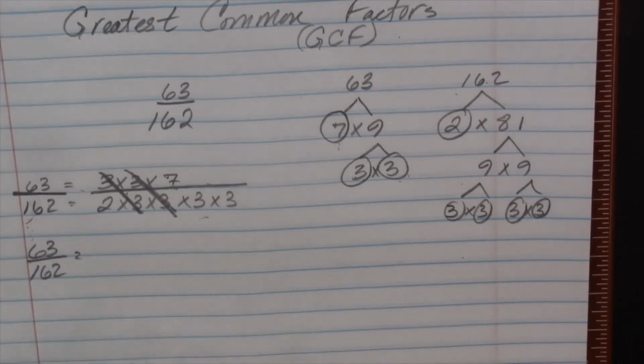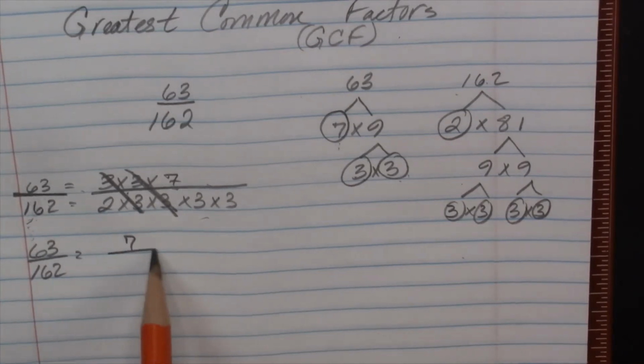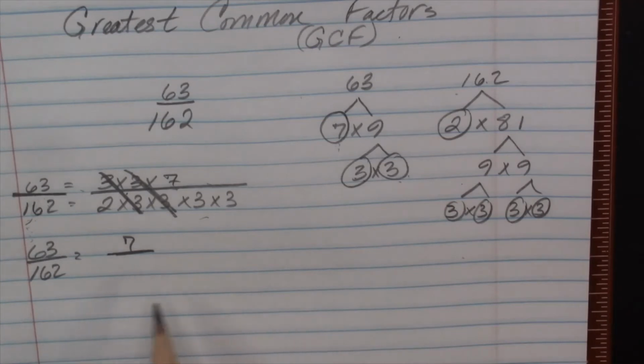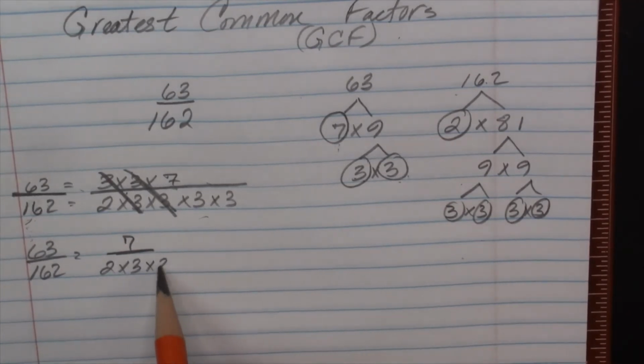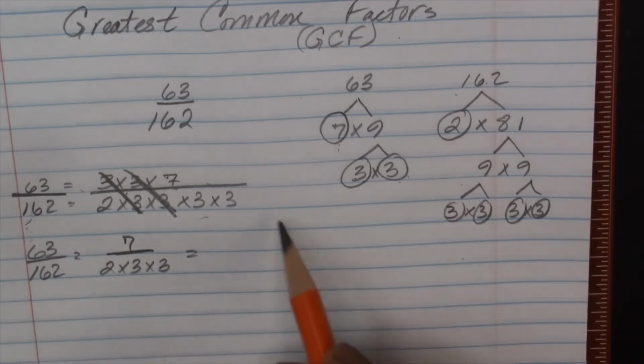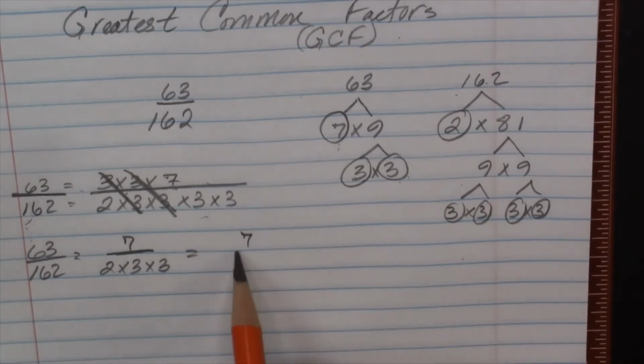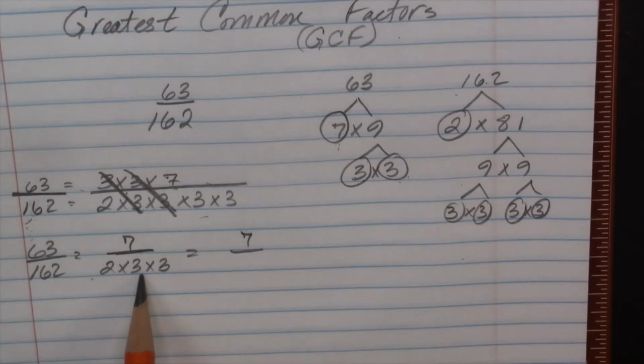And we're left with a 7 and a 1 and a 1. So I'm not going to include those because any number times 1 is itself. And for our denominator, we have a 2 times 3 times 3. And so this simplifies to 7 over 2 times 3 is 6 times 3 is 18.